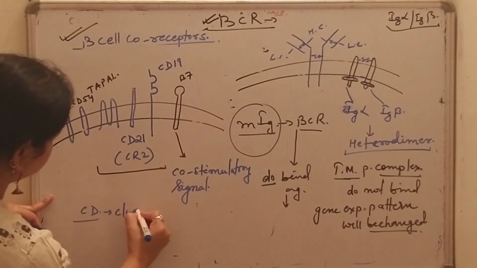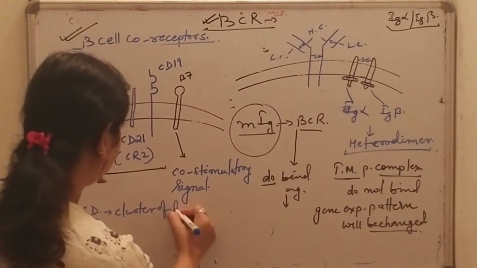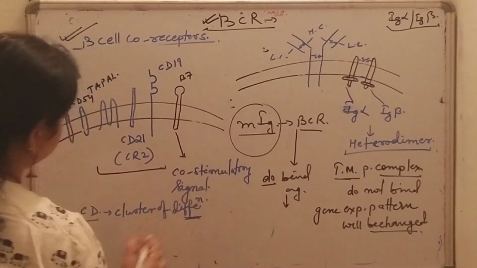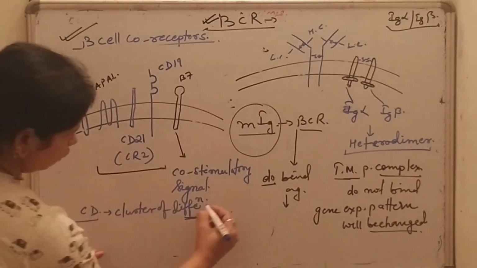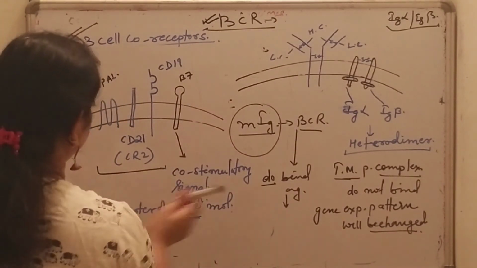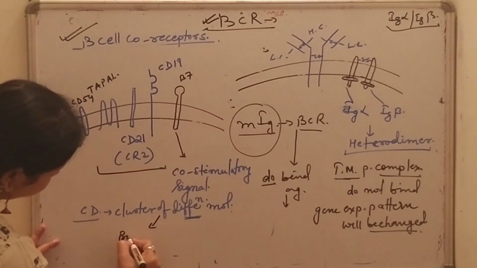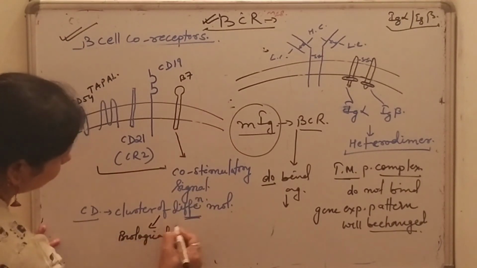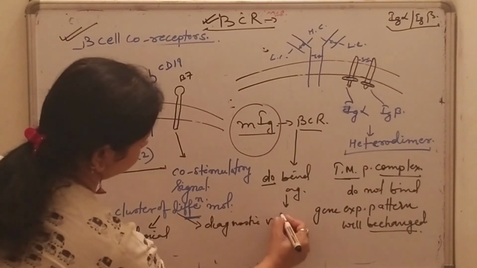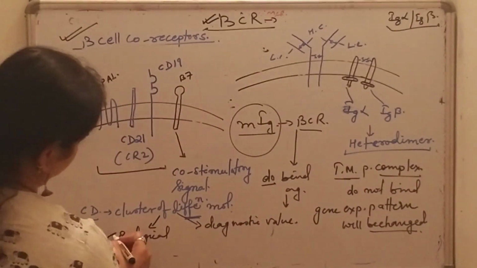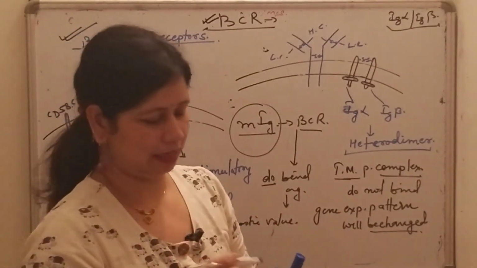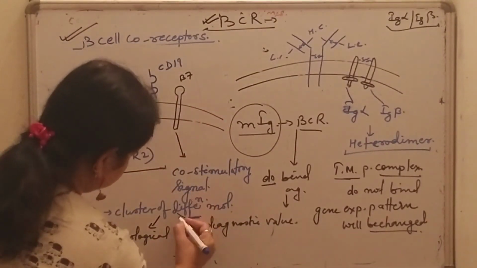CD means cluster of differentiation molecule, okay, and it has biological as well as diagnostic significance or value, and it is used to determine the cell's identity.